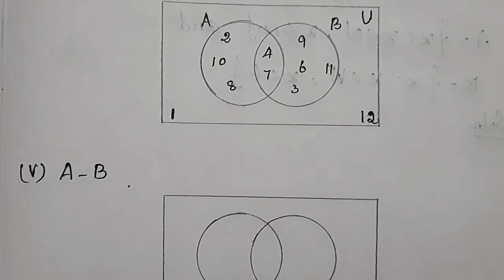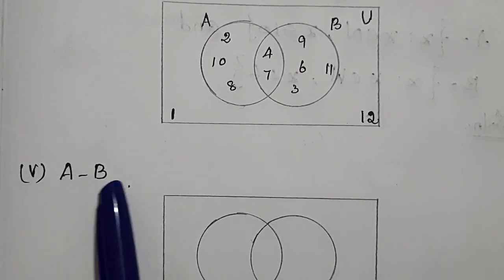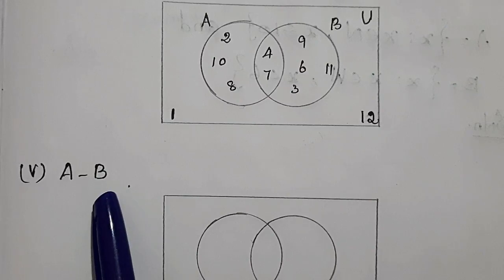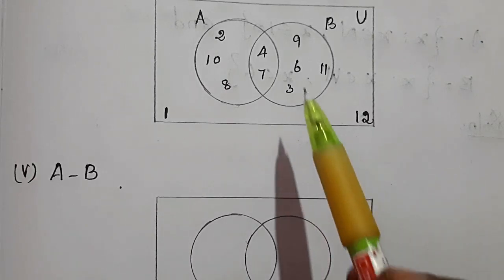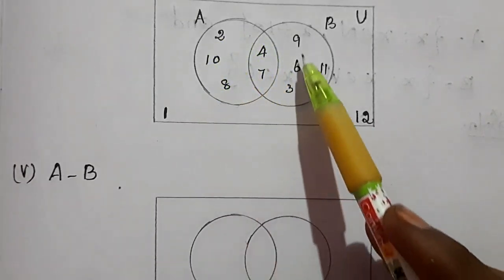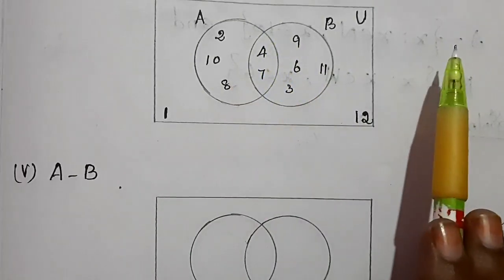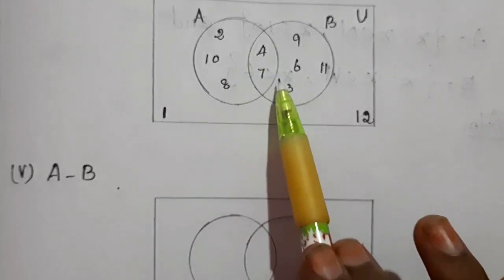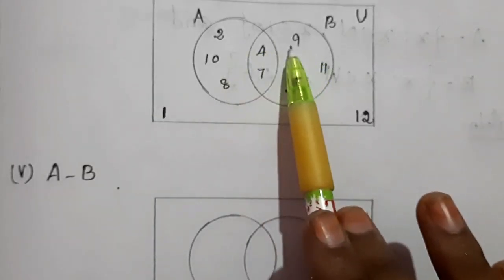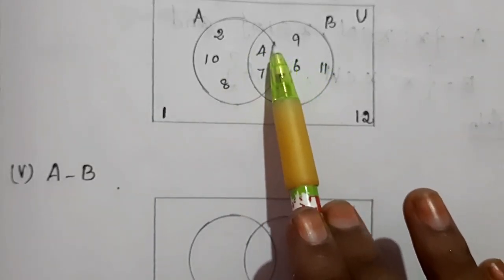From here we are going to write A minus B. You know that A minus B means, what is the A minus B part? Already we learned it in the Venn diagram. From A we remove the B part. In set A, some parts are common to B and A. You should not take that, because those are B elements.